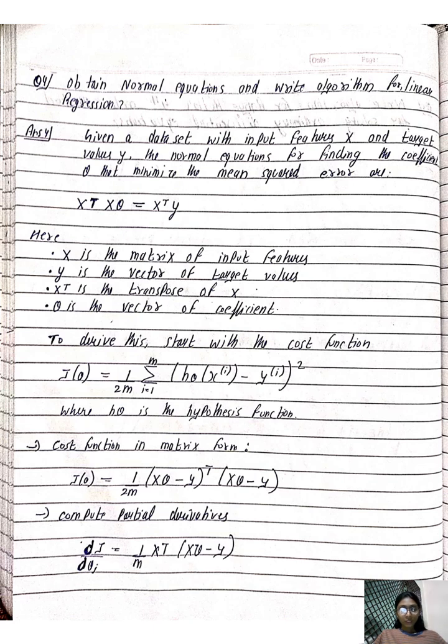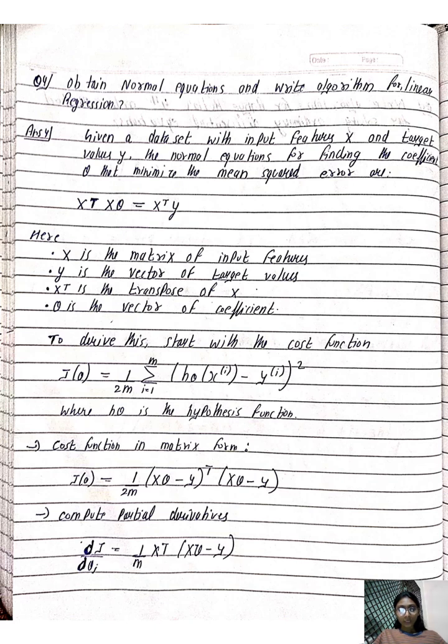So J theta is equal to 1 by 2m summation of I is equal to 1 to m, braces open h theta x I minus yi, whole square.